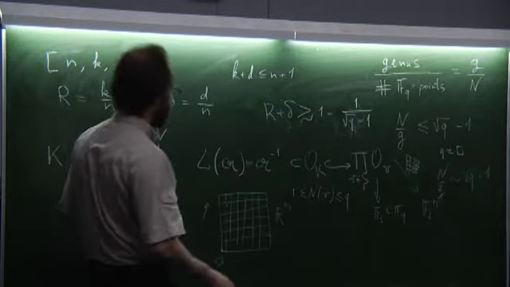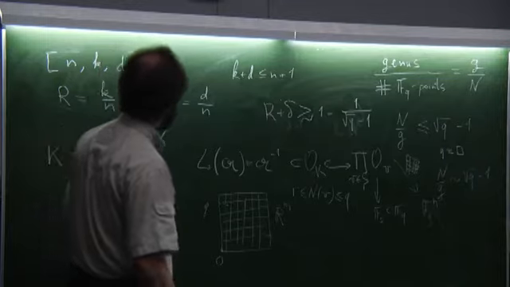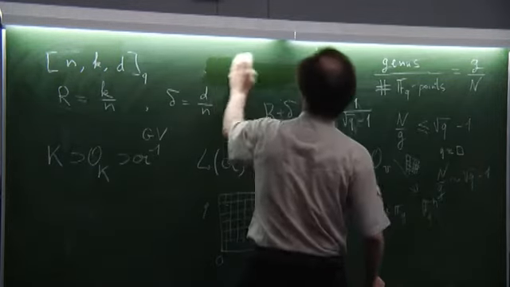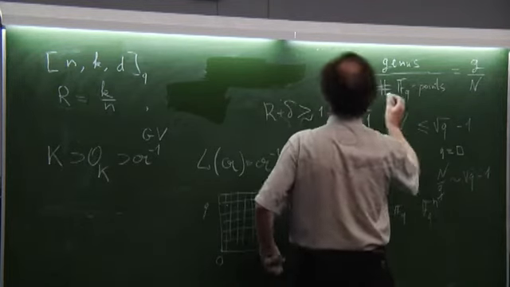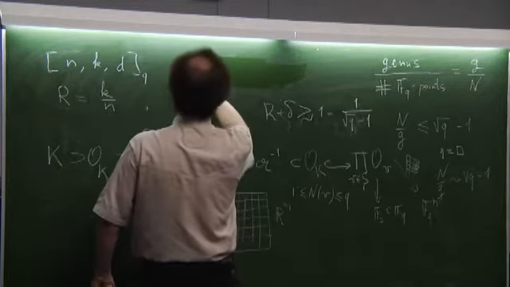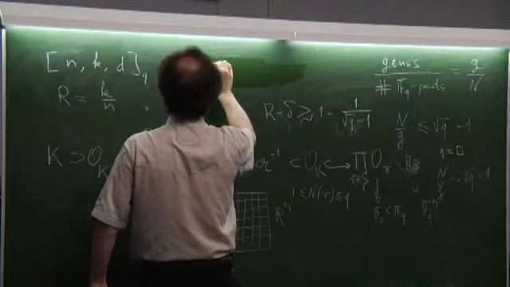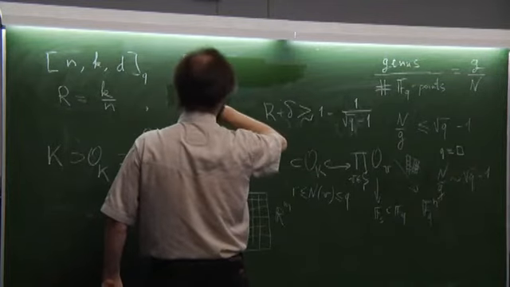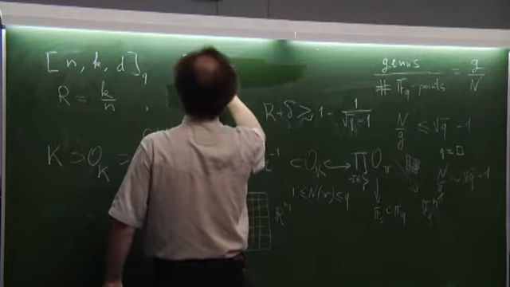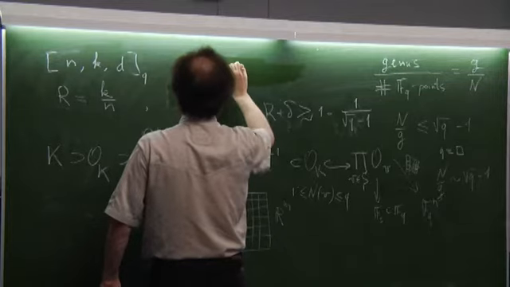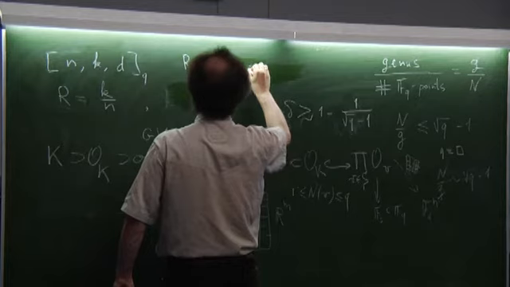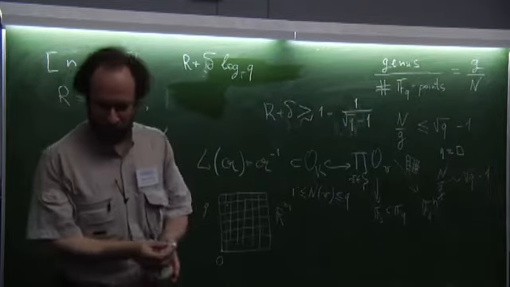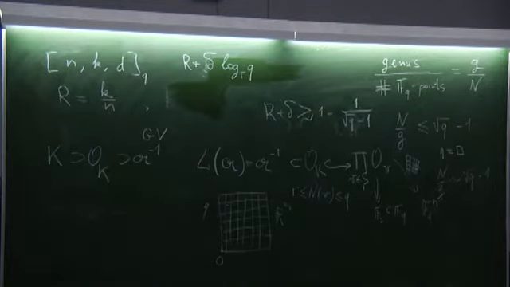and these codes happen to be asymptotically good in the following sense. Let me take the limit. So R plus delta, R plus delta times log_q, I think, or maybe vice versa. Let me have a look.